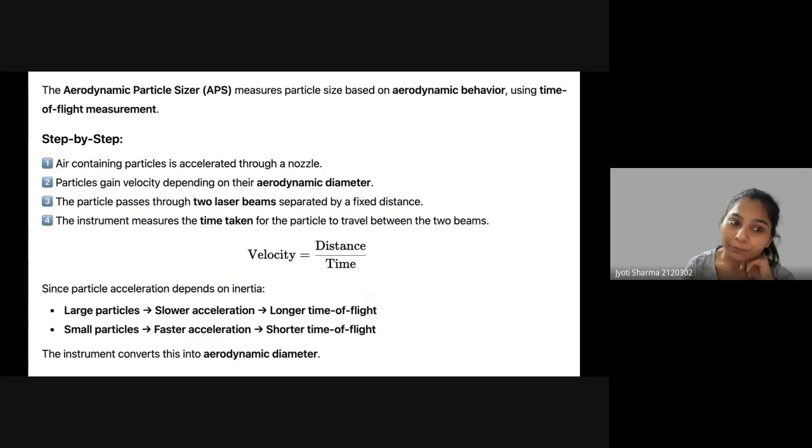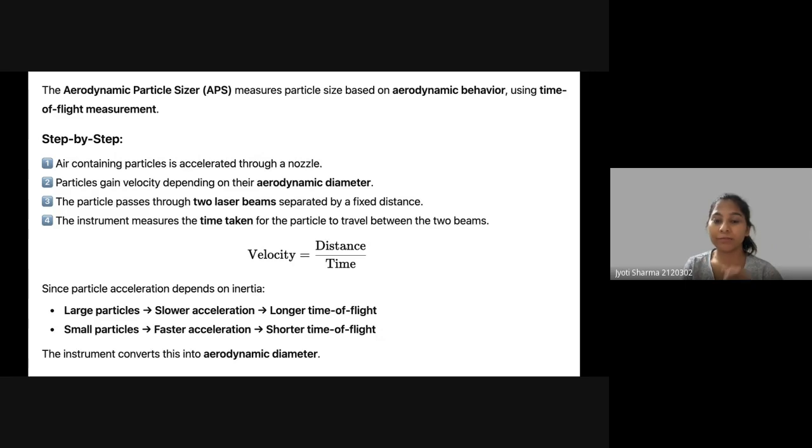So yeah, what we have is, whenever we have air, and air will have this particle, what we are doing is we are giving the velocity to the particle. And whenever we are giving the velocity to the particle, and the particle is moving in between two laser beams, different types of particles will have different velocity, and based on that we can tell what will be the size of our particle.